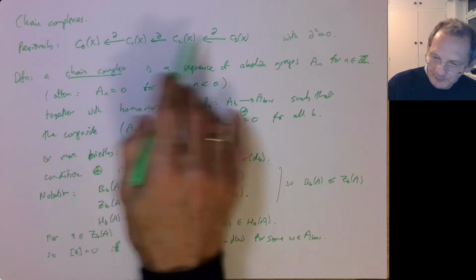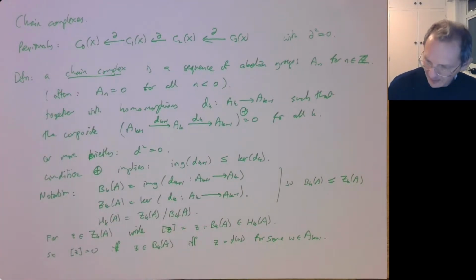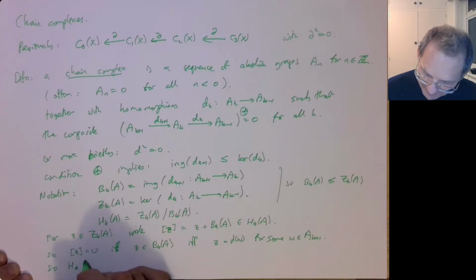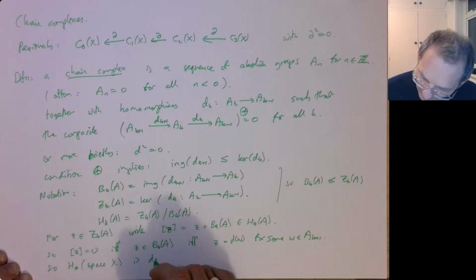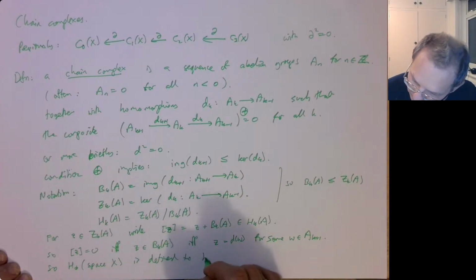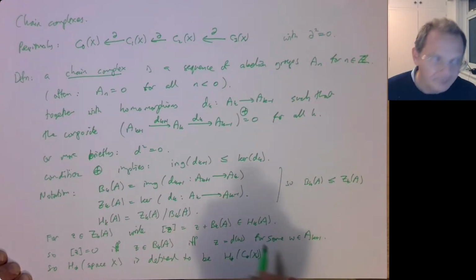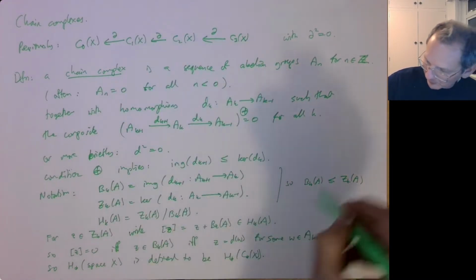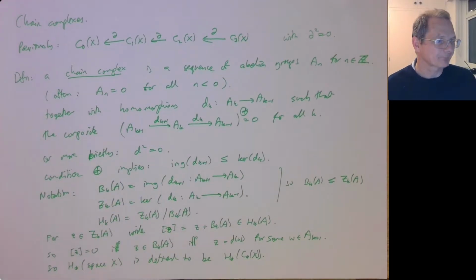We can summarize what we proved previously: these groups C_*X form a chain complex, and the homology of the space X is defined to be the homology of the associated chain complex. So this was the chain complex associated with the space X, and we can take its homology as explained here, and we just define the homology of the space to be equal to that.